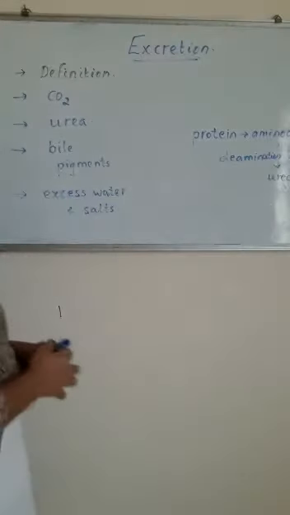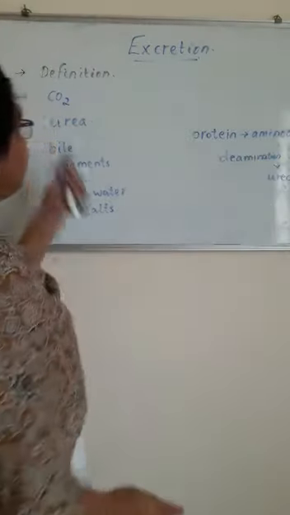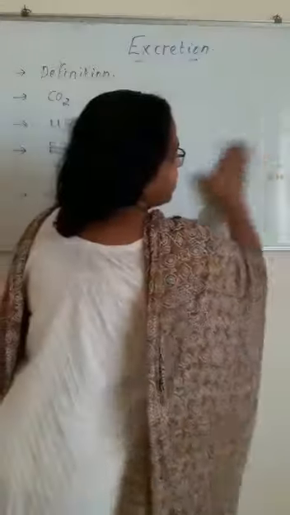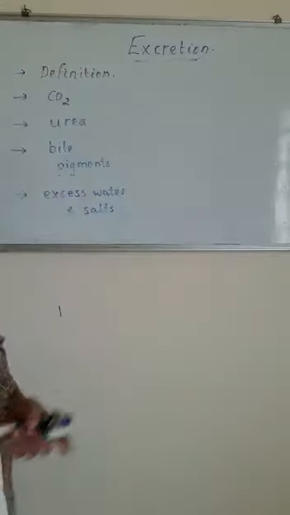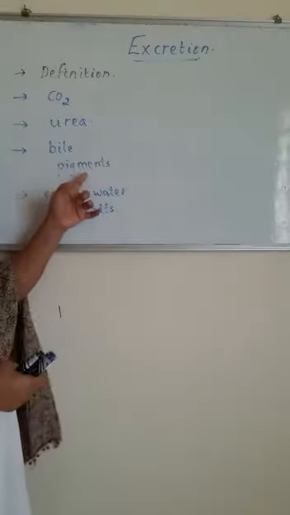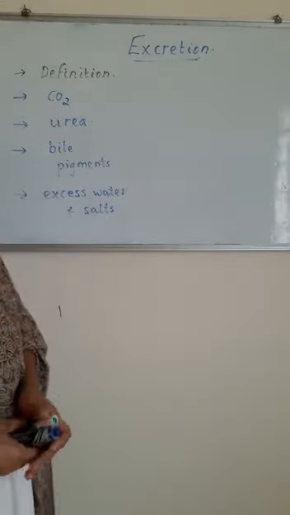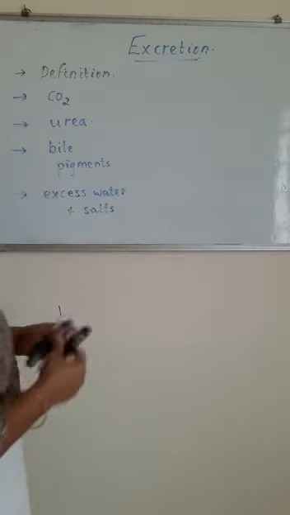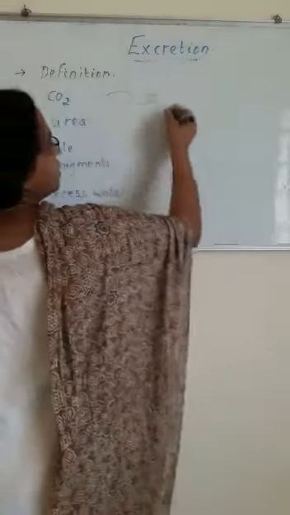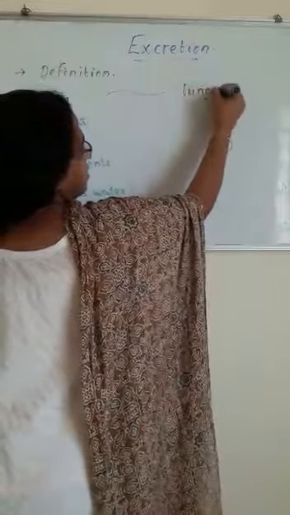So which are the main excretory products? One is carbon dioxide, another is urea, third is bile pigments, fourth is excess water and salt. So carbon dioxide is excreted through what? Through lungs.